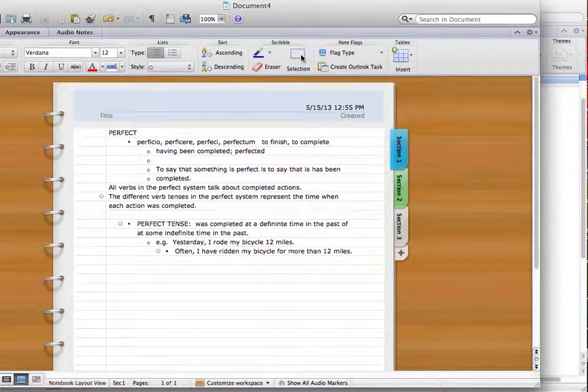In that particular sentence, I am talking about an action completed at some definite time, indefinite time in the past. So I just tell you that at various times in the past, I have ridden my bicycle for more than 12 miles. I do not give you a specific date.